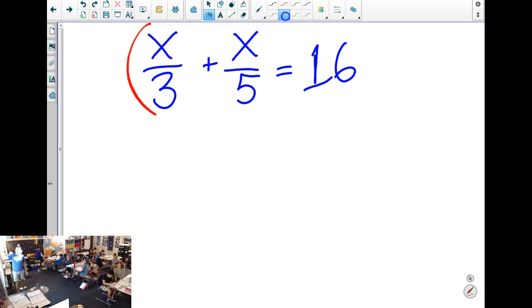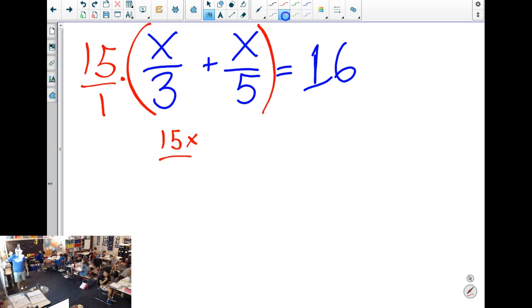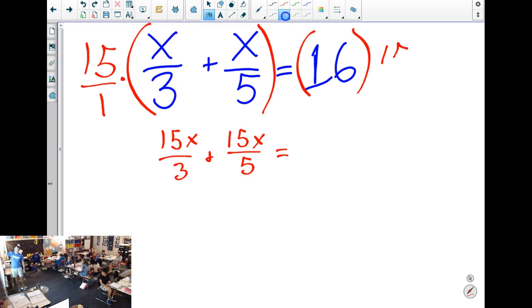So what ABC here walks you through is if I want to get rid of this 3, I multiply by 3. If I want to get rid of this 5, I multiply by 5, or do it all at once. Which then gives us 15x over 3 plus 15x over 5 equals, gotta do it over here too, 15 times 10 is 150, 15 times 6, 30, 60, 90.